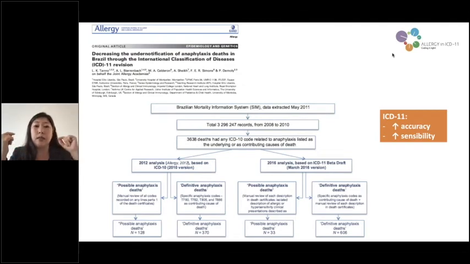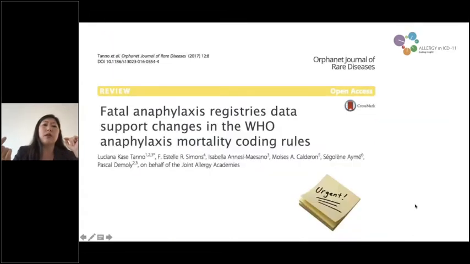As you may see, it was not, in fact, a matter of classification that was the problem. Next slide. It was as well a problem of the coding rules related to this misclassification.